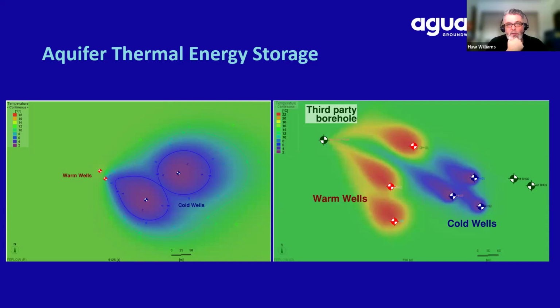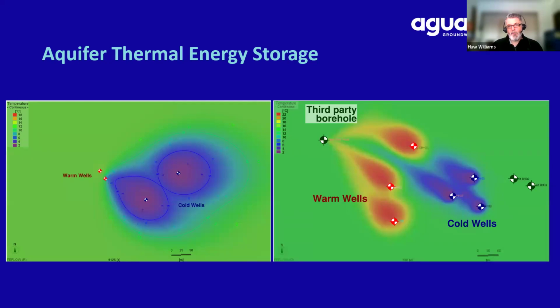Or another example of what we don't want from an ATES system on the right hand side there is these bubbles that we've been showing migrating away from your boreholes. Of course, there's always a hydraulic gradient in any aquifer. Water will not be static, only in very exceptional circumstances. So our bubble will be migrating away from our cold and warm wells.